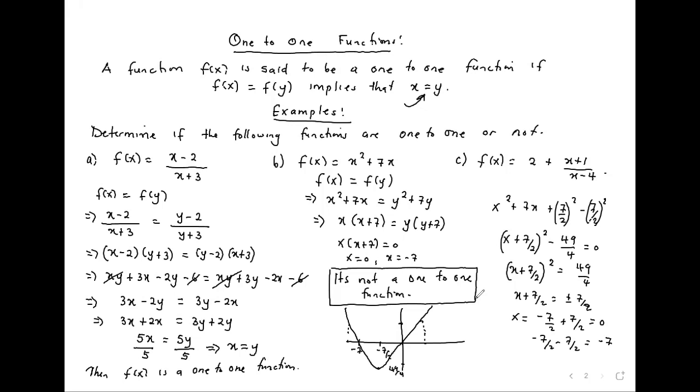If you factor out on the left, you must factor out on the right also. So we'll get something like this. If you try to distribute this, you get both values, x is equal to y, or x plus 7 is equal to y plus 7.